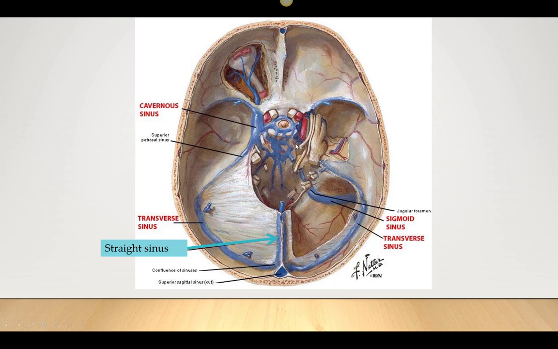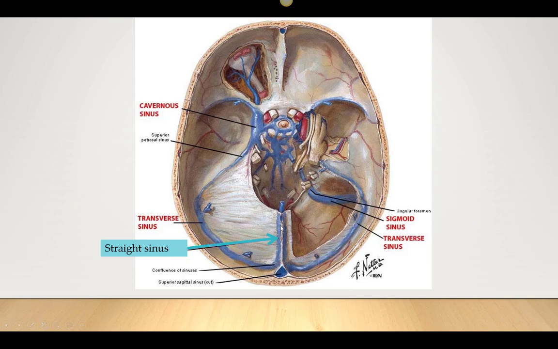So it's very important that these veins also come from the vessels around the eye and can spread any infection coming from all these areas into the brain. That shows its significance.